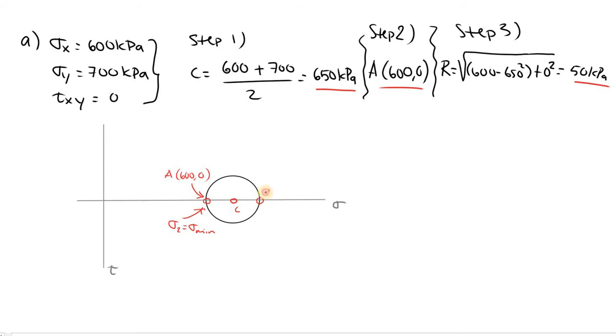Then we have our maximum principal stress, or principal stress 1, located on the right-hand side. And for our maximum in-plane shear, located on the positive axis, down here.